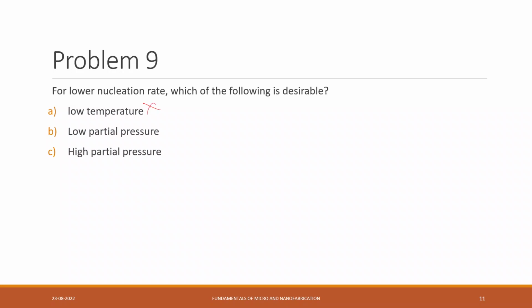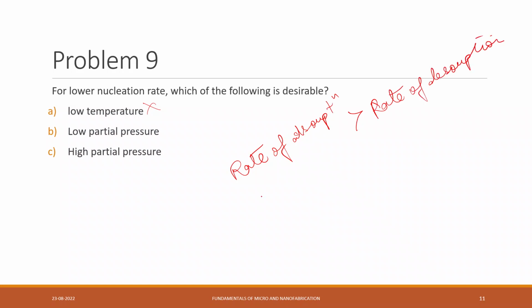The second option is partial pressure, low and high pressure, so we can talk about them together. From our last question, we saw that the rate of absorption and the rate of desorption increase in the condition of high partial pressure compared to equilibrium pressure.